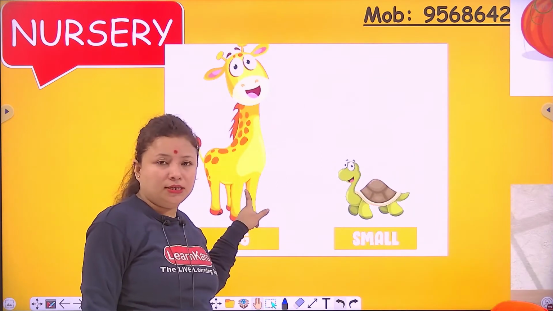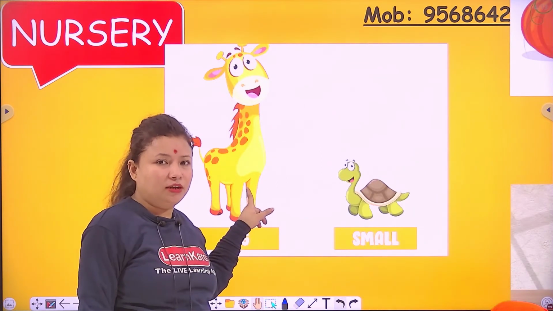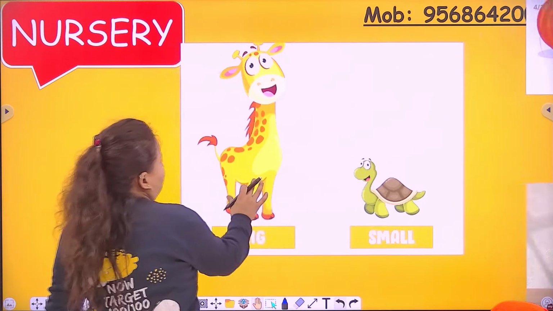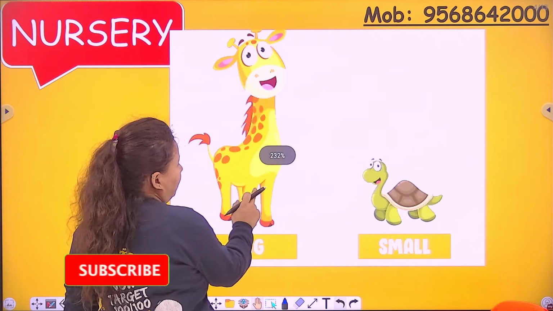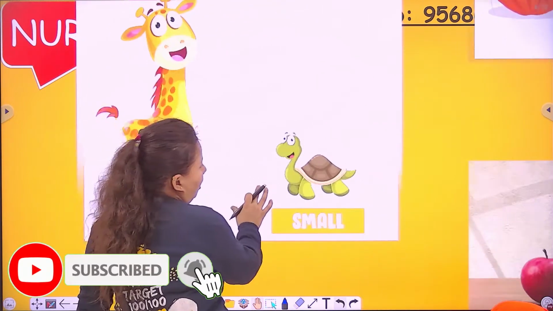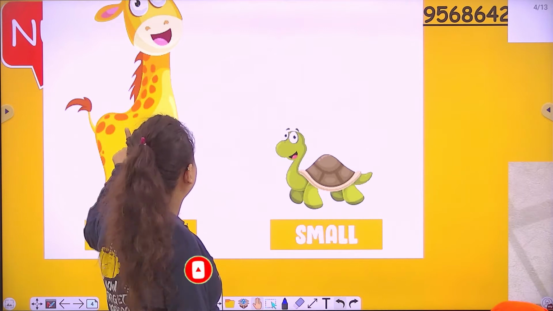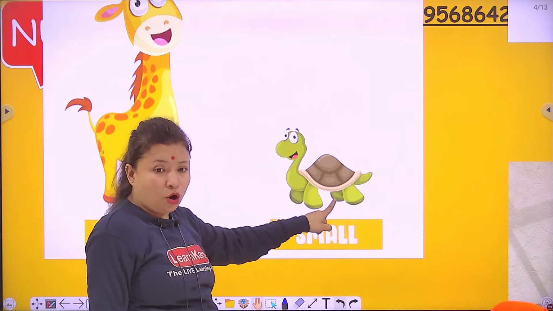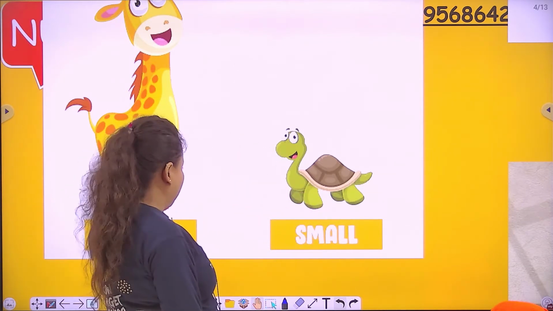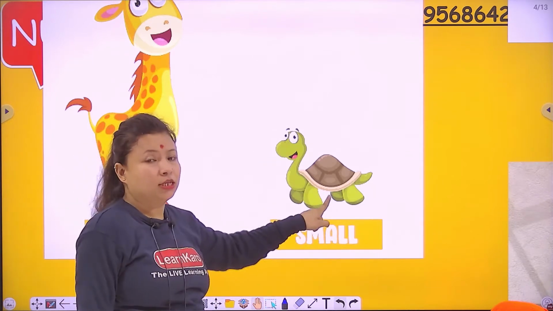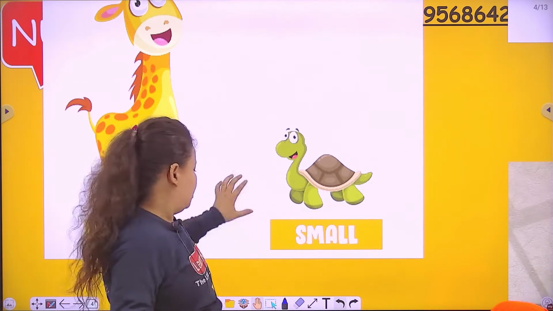Which animal is this? This is giraffe, na? So, the giraffe is big and the tortoise is small. Big, small. This is big and this is small.